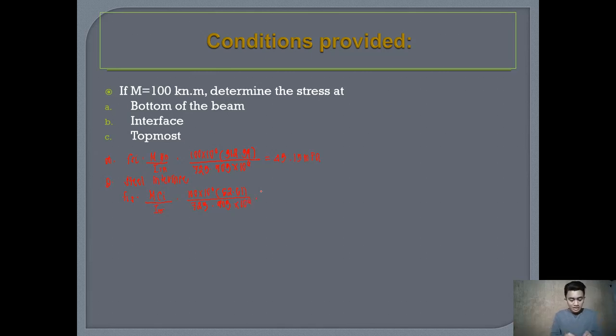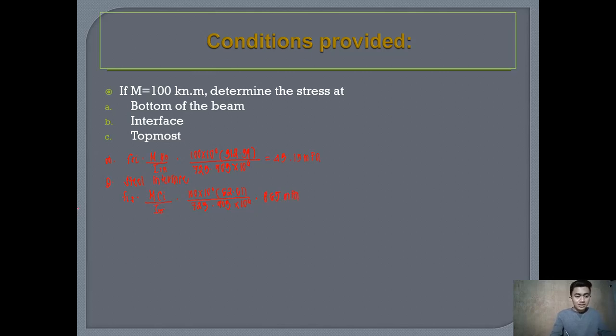Now for the steel interface, that will give us a value which is now equal to 8.65 megapascal. So I have here 8.65 megapascal.